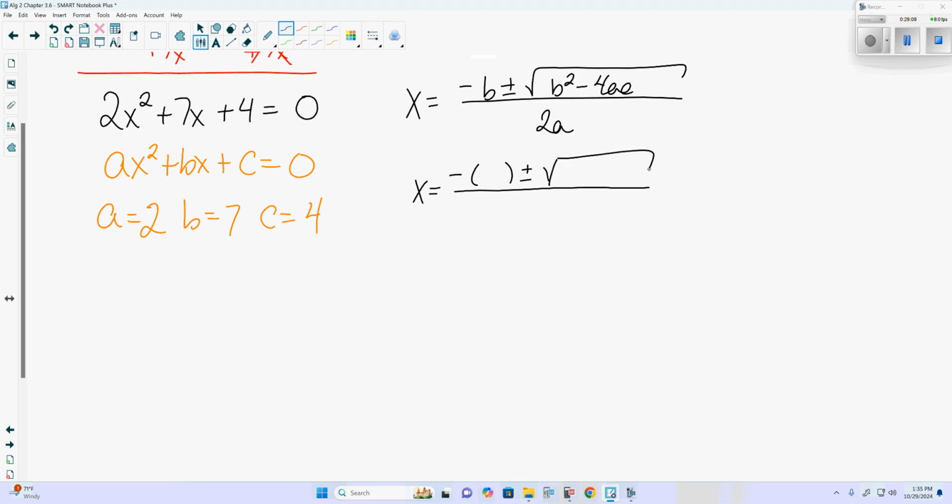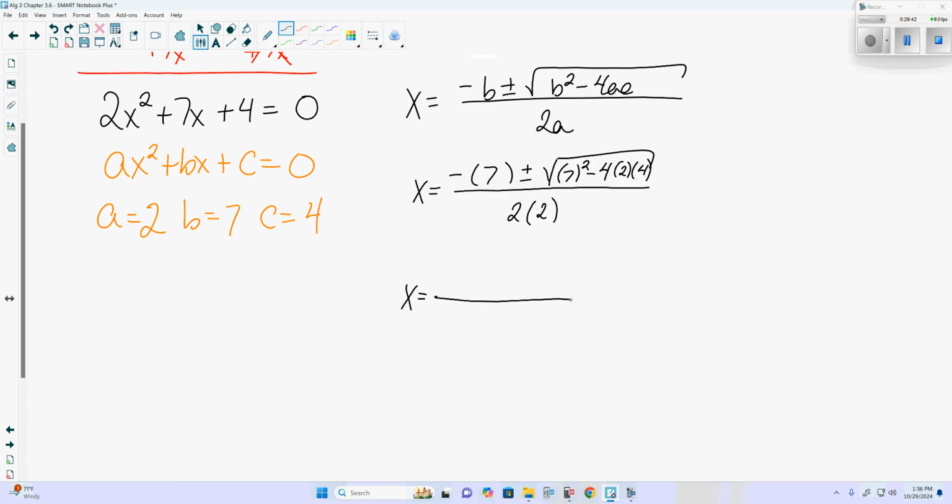So our quadratic formula, x is equal to negative b plus or minus square root of b squared minus 4ac, all over 2a. So negative b, we'd plug in our value b, which is 7. Plus or minus square root, so b squared would be 7 squared. Minus 4 times a, which is 2, times c, which is 4. All over 2 times a, or 2 times 2.